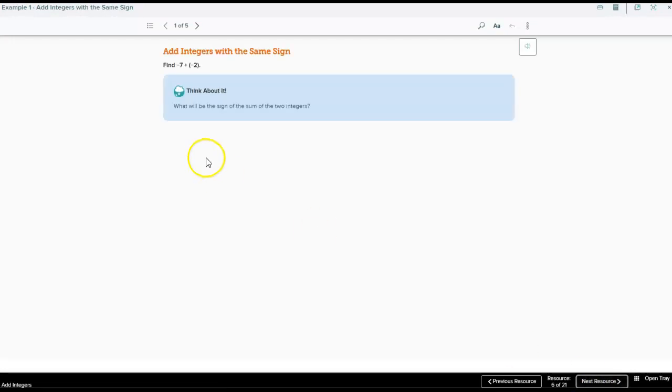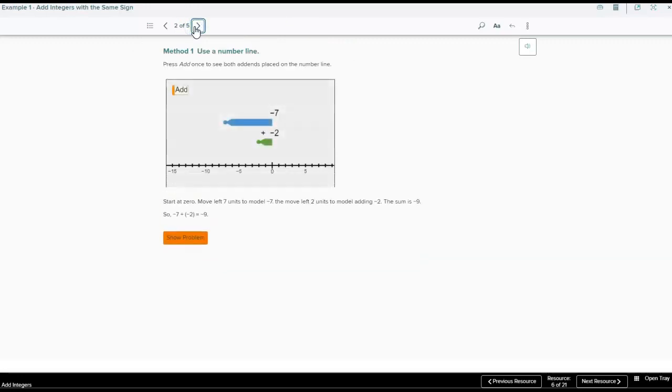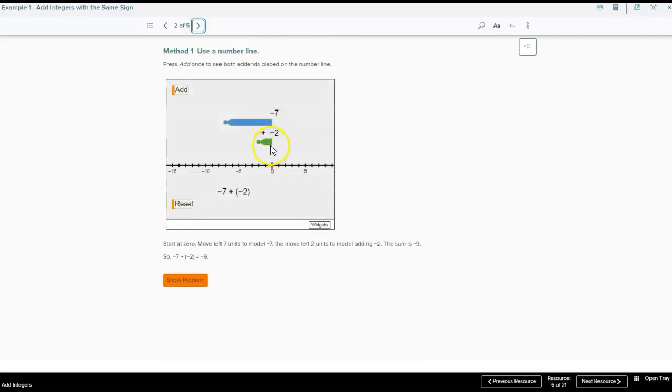Let's look at an example here, and we're going to keep this simple. If I want to add -7 plus -2, since these are both negative numbers, we can use a number line. We can place -7 and then add a -2 to that.